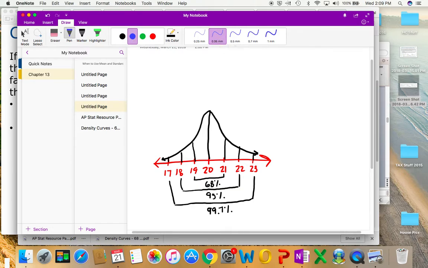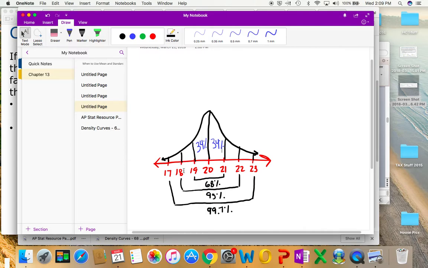So 34% are going to fall in this region, and 34% are going to fall in this region. So if I ask you what percentage of students are between the ages of 20 and 21, your answer would be 34%.